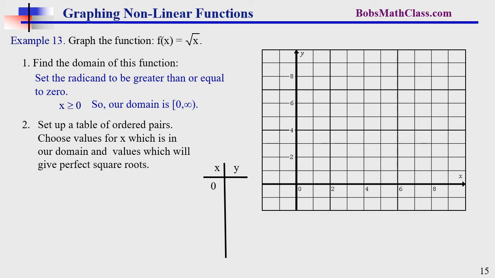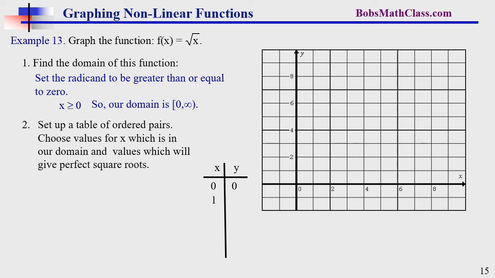Square root of 2 is 1.4. Same thing with 3. 3 is bigger than 0, but it's not a perfect square root. How about 4? Yes, it's bigger than 0, and it's a perfect square root. What's the square root of 4? That's right, 2.